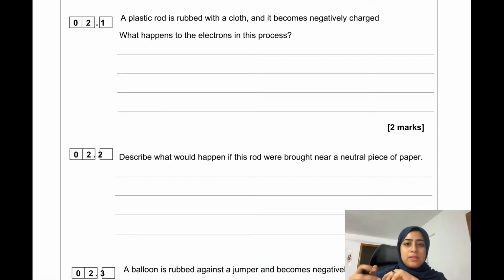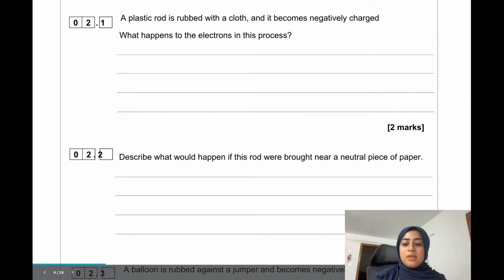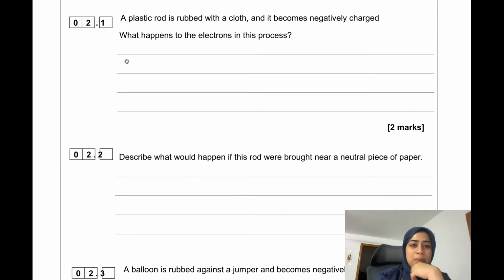Rubbing materials together causes the electrons to be transferred. Electrons are transferred from one object to the other, which leaves one object positively charged and the other negatively charged.